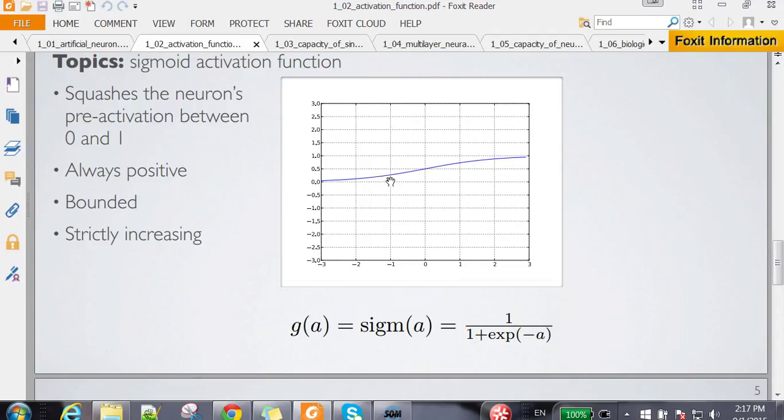At -1 the height is here, and at +1 the height is here, so it's changed by maybe a half. But over here, if I change from 100 to 500, the change in the height is only going to be minuscule. So right in this section, changes in the x direction result in substantial change in the y height.